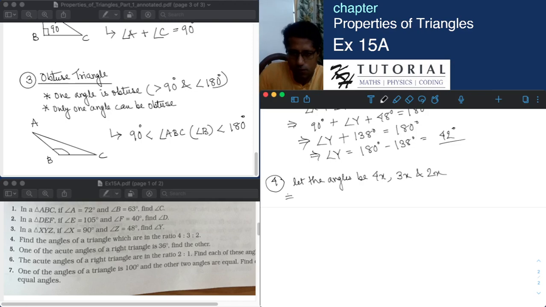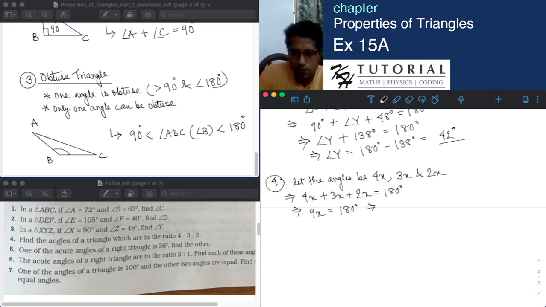Now from the properties of a triangle, the sum of the angles of a triangle is 180 degrees. This is known as the angle sum property. So we will have 4x plus 3x plus 2x equals 180 degrees. This implies 9x is equal to 180 degrees.